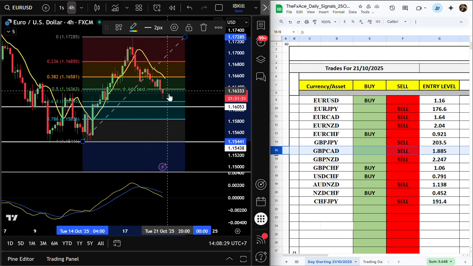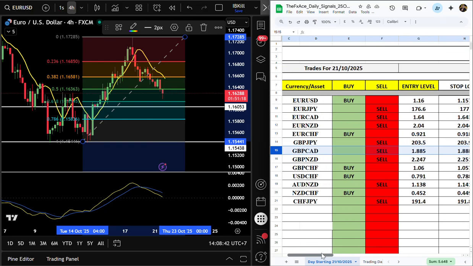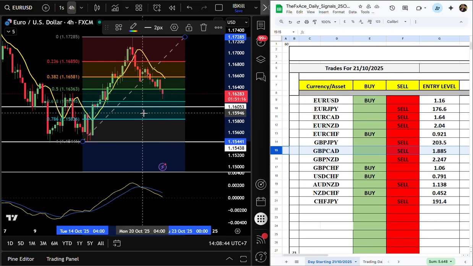We've gone through the 50 level and are now heading down to the 61 level. So in and around 1.16 is where I'll be looking to buy the EURUSD today. Stop loss will be a 30 pip stop loss, just under these lows here, around 1.157.